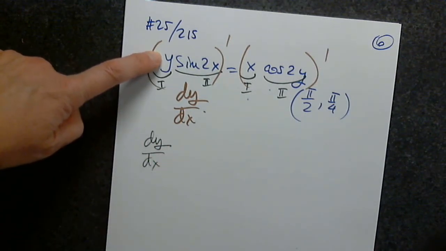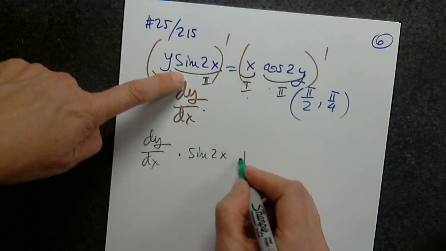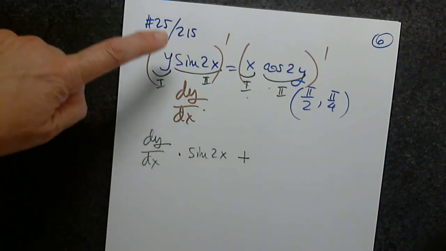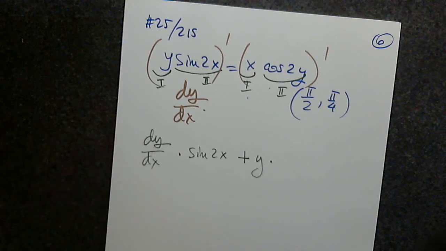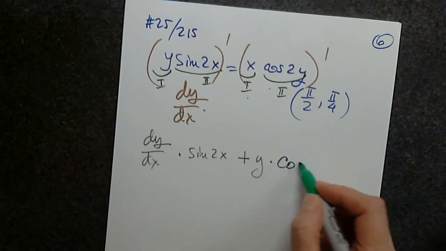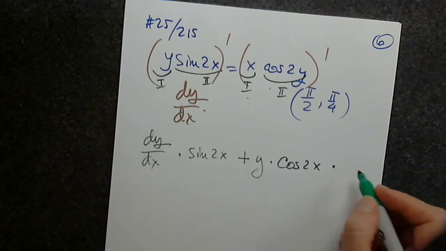I have to write y prime, but I will write dy over dx. Multiply by the second function, and then plus the first function, and now we differentiate sine 2x, which we know how, and it's not a big deal. Sine 2x prime will be, from the outer to the innermost, sine prime is cosine 2x, but times, now I reach the innermost, 2, indeed. Excellent. Thank you.